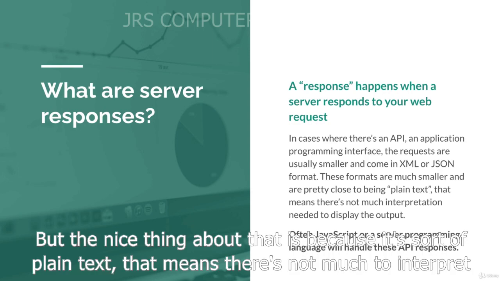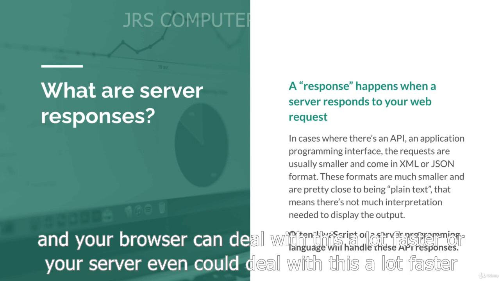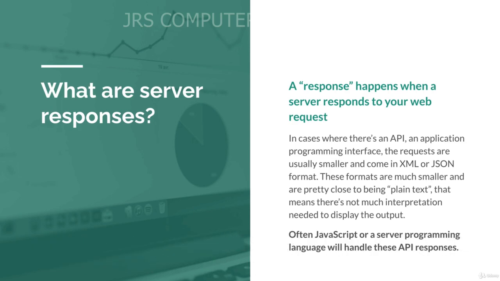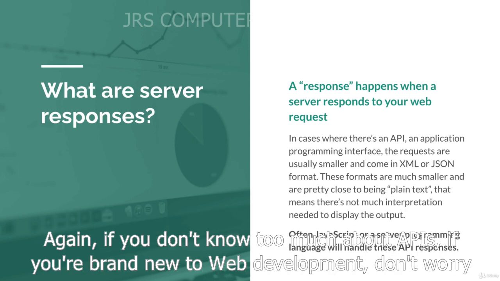But the nice thing about that is because it's sort of plain texty, that means there's not much to interpret, and your browser can deal with this a lot faster. Or your server even could deal with this a lot faster and then render HTML, CSS, JavaScript, whatever it needs to do. Now, often, JavaScript or a server programming language like Python is going to handle these API responses. Again, if you don't know too much about APIs, if you're brand new to web development, don't worry about this part right now.